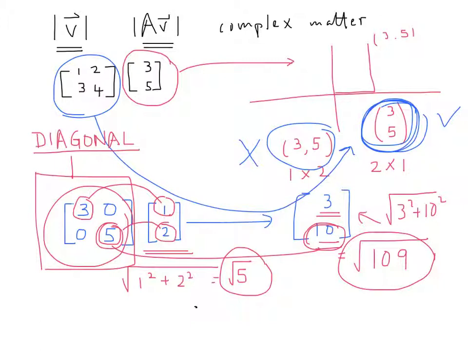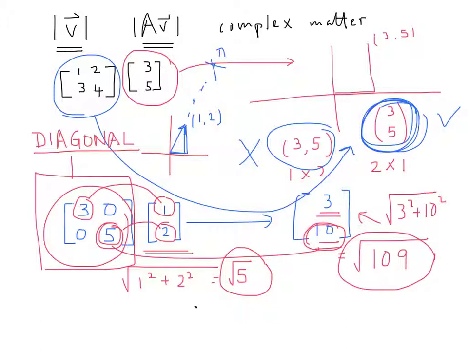So just imagine what's happening here. Here's your vector, let's call this 1, 2. This one is not just extending this vector over here. This is not what's happening.